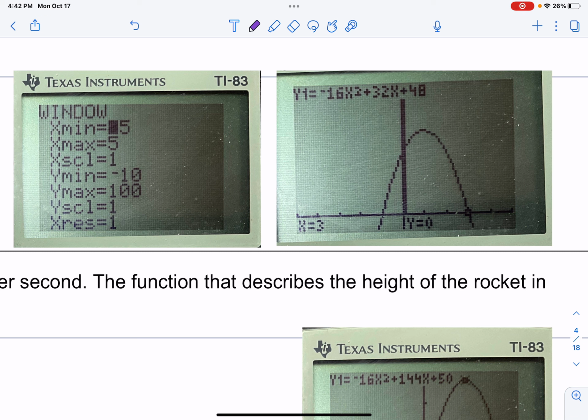It starts off at 48 feet high, so we want to make sure that our y max is big enough so that we could see how high the object travels. So I have entered the equation into the y equals, and by pressing trace, I traced and found that at t equals 3, the y is equal to 0. That means the object's height is 0. That's when it hits the ground at 3 seconds.